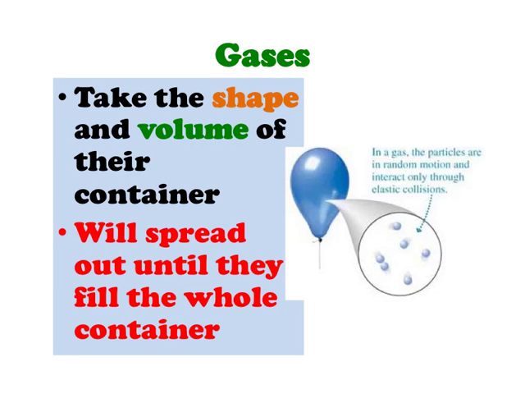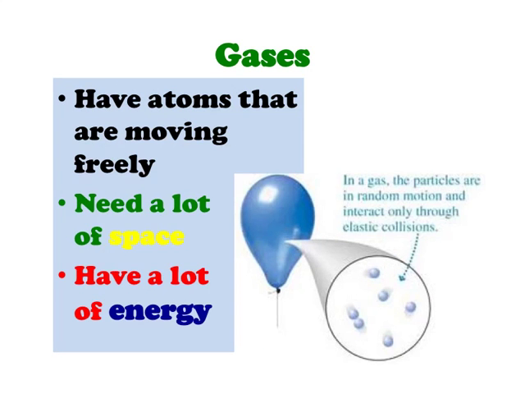The molecules are moving extremely fast and need a lot of space. In a gas, the atoms have a whole lot of energy, so they're bouncing off whatever they're in, moving about, and have a whole lot of space, so they are a lot less dense than our liquids and solids.